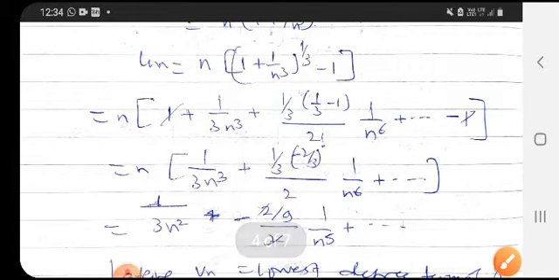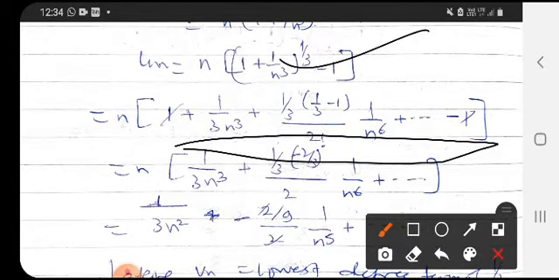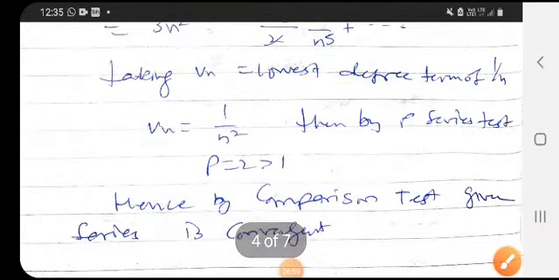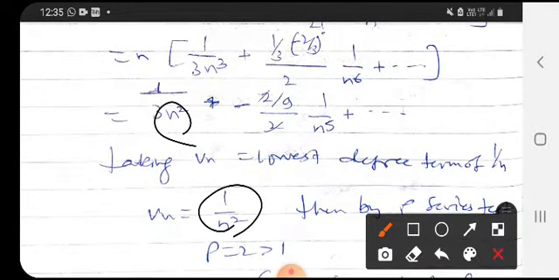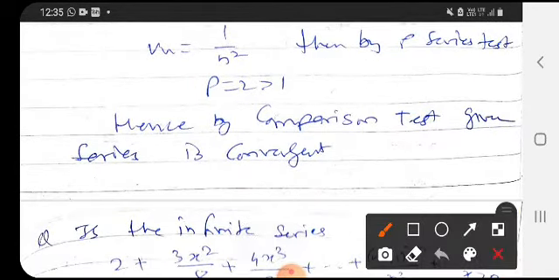After that if we apply the binomial theorem we get this. Simplifying, we get vn as 1 upon n square. P is equal to 2, greater than 1. Hence by the comparison test the series is convergent.